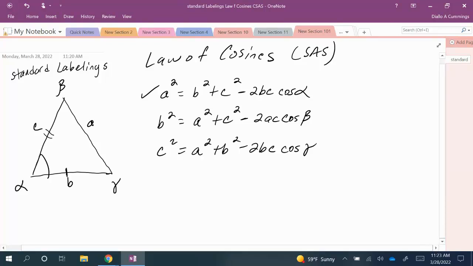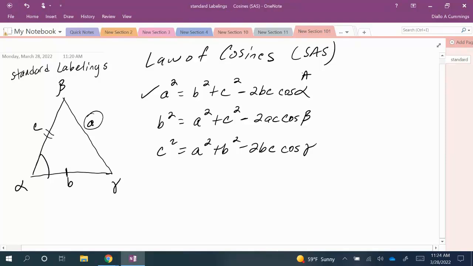So the data required to set up a law of cosines is a side, angle, side set of measurements. For the first formula, to find side length A, we'd be given side length B, side length C, and the angle included between the two side lengths.